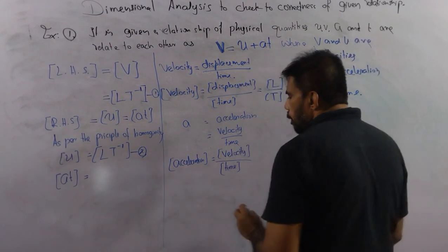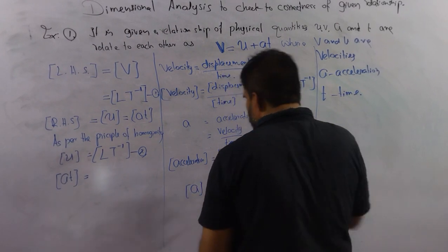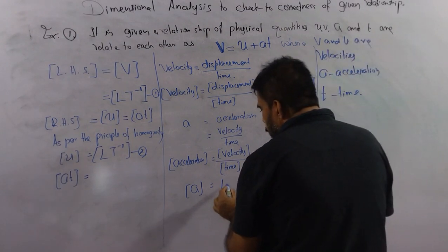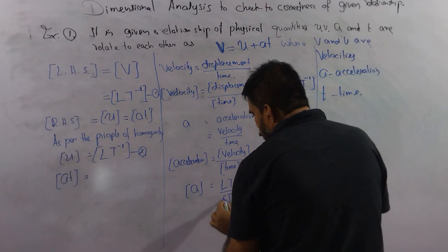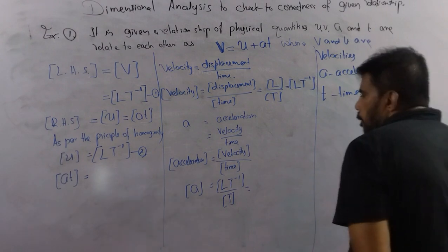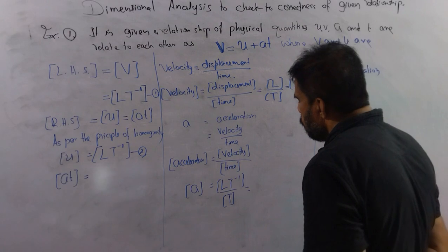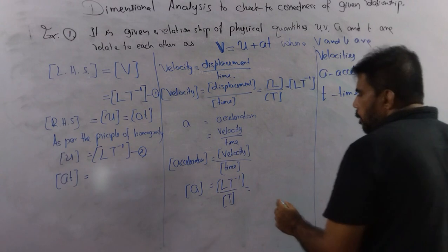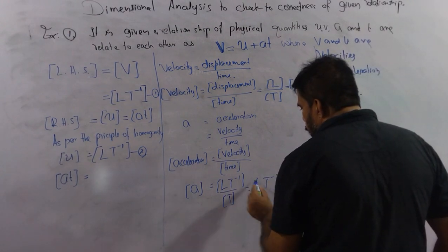Velocity is L T minus 1, over time, T. If I further simplify this with the knowledge of indices, I can take T to the top and it ends up with L T minus 2.